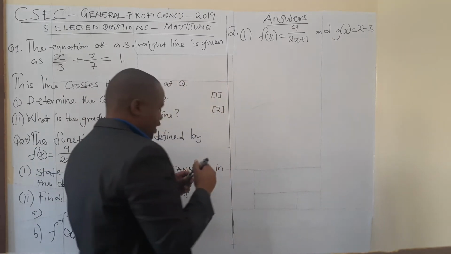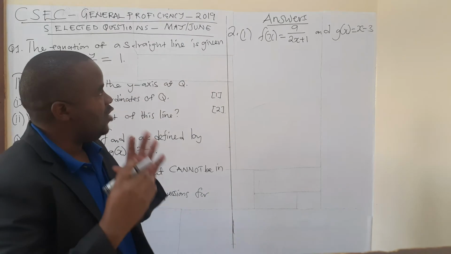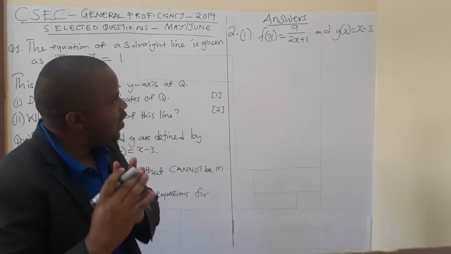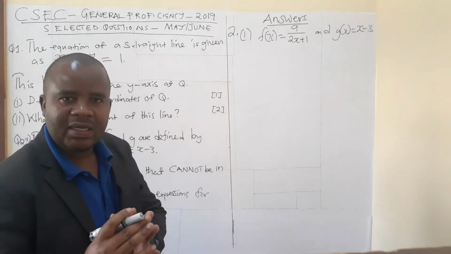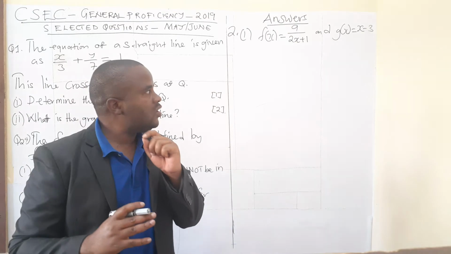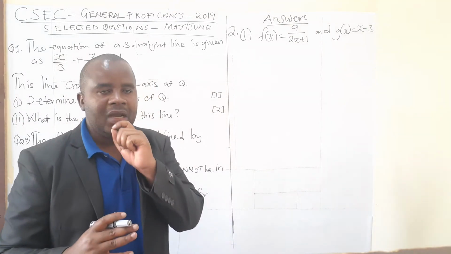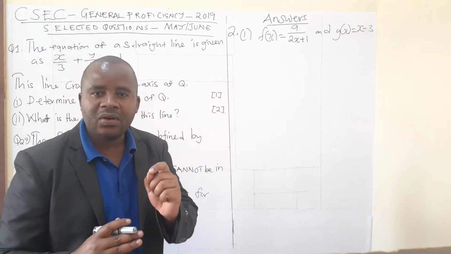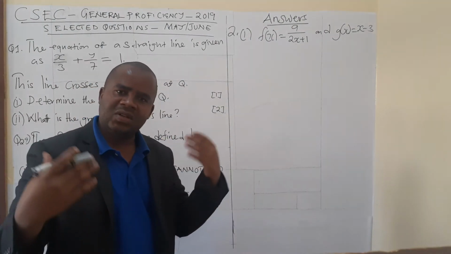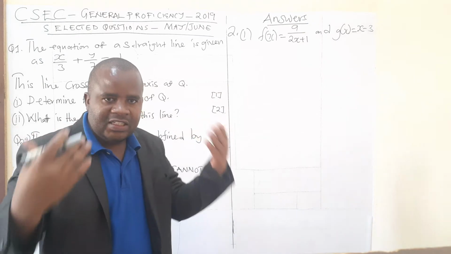We know that the function f has been defined in terms of a fraction, and the variable is in the denominator. It simply means that the denominator should never be equal to 0, because if the denominator is 0, then the function does not exist. Then the function is undefined.